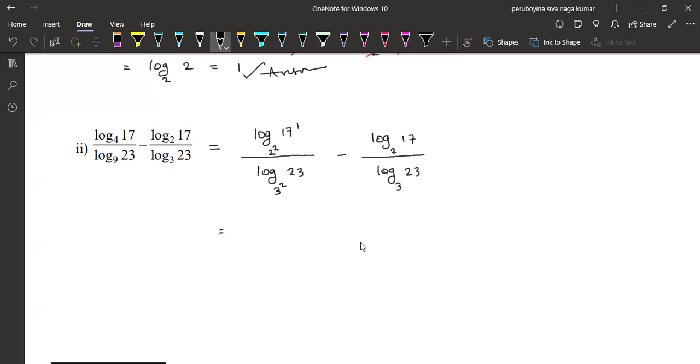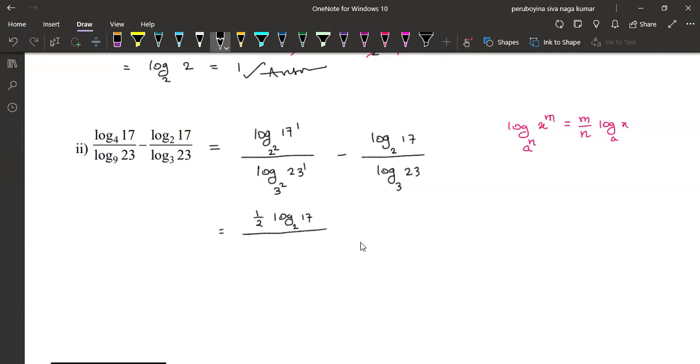Now, these powers, you know the property of logarithm. If a logarithm input has some power and the base is also having some power, then it is m by n log x base a. So therefore, 1 by 2 log 17 base 2.